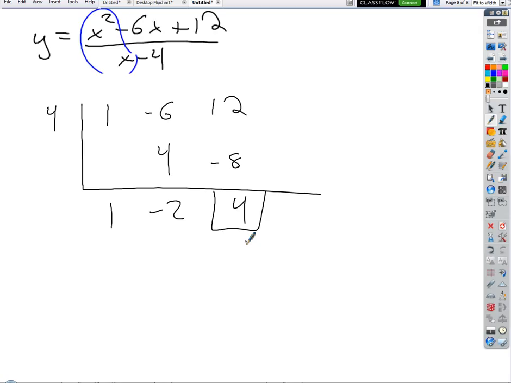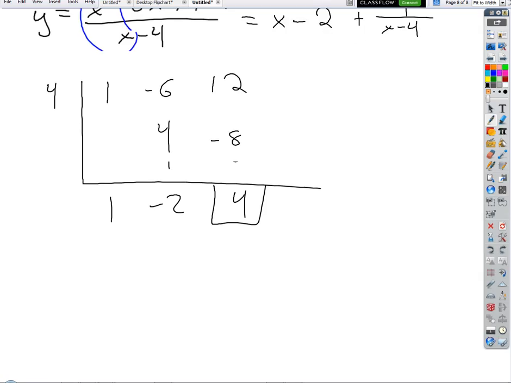Now think what this means. This means that this is equal to x minus 2 plus the remainder of 4 over x minus 4. So in the limit, now watch how cool this is.